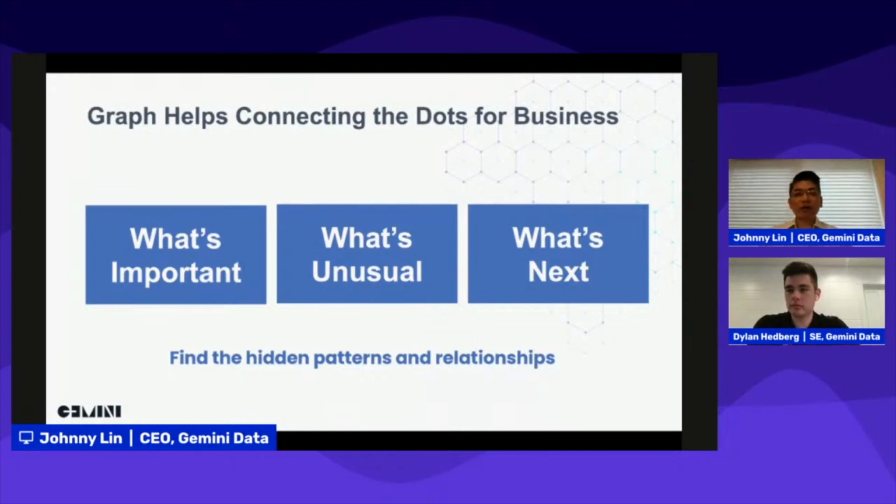For things like anomalies, things that are out of the norm, it's really easy to pick up with graph. Graph is also really good at telling you what's next, or in other words, giving you recommendations based on the data that it looks at. So it's very suitable for helping you identify those hidden patterns of relationship within your data, within your business.